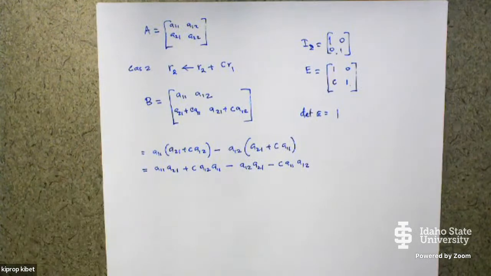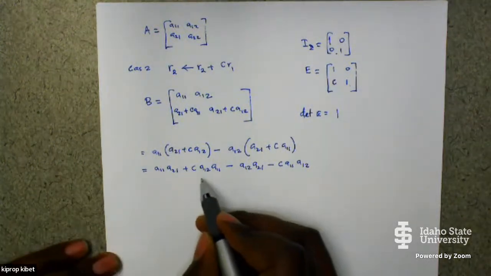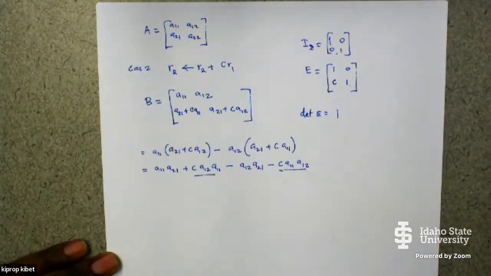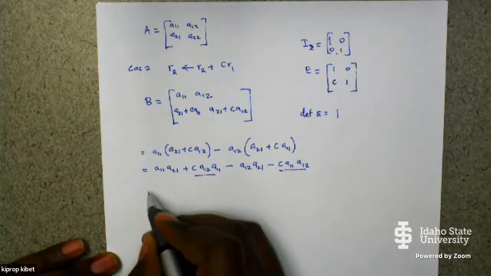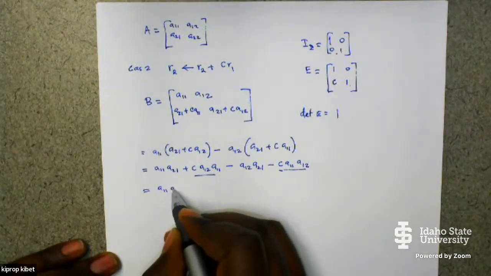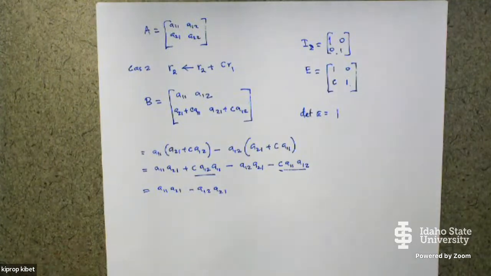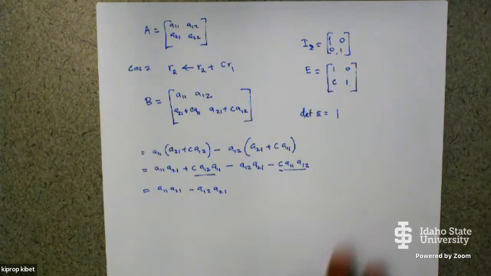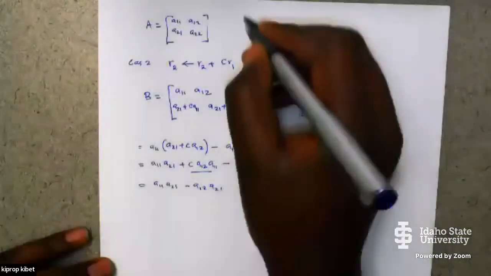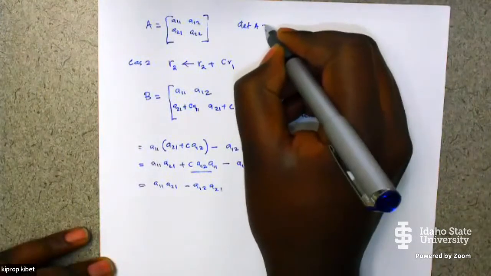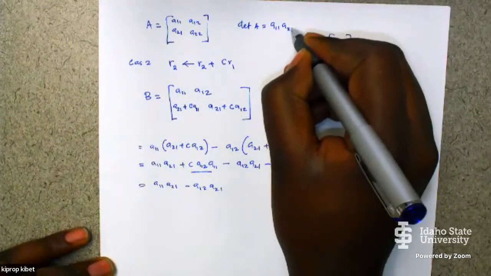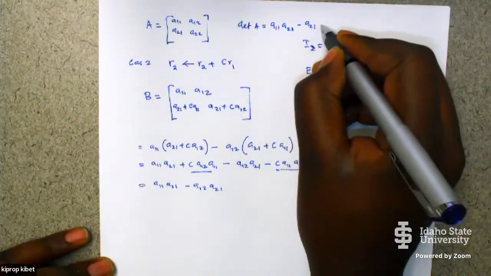So what can we see from here? This and that cancel, right? So you get A11, A22 minus A12, A21. So our determinant of A is this: A11, A22 minus A21, A12.